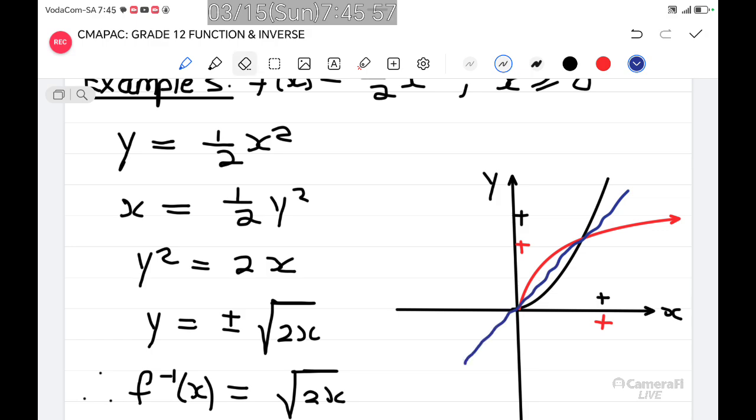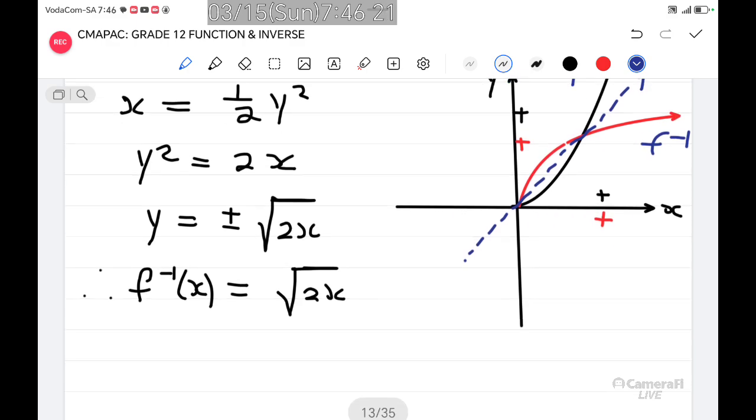I think this is perfect. Then we can use a dotted line. So it must be a straight line like this one. Then this is the line y equals x. So this one is the inverse. This is the f of x. So this is how you are supposed to draw it.